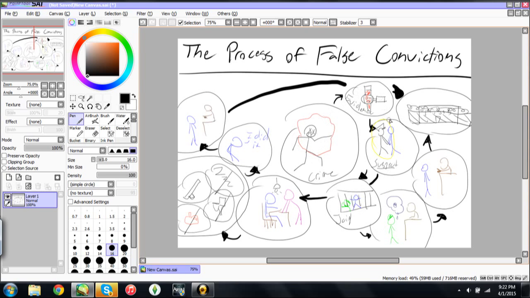A crime is committed, evidence is collected, suspects are found, suspects are put in jail or tried or put into interrogation. Sometimes the cellmate will come forward and basically snitch on them.